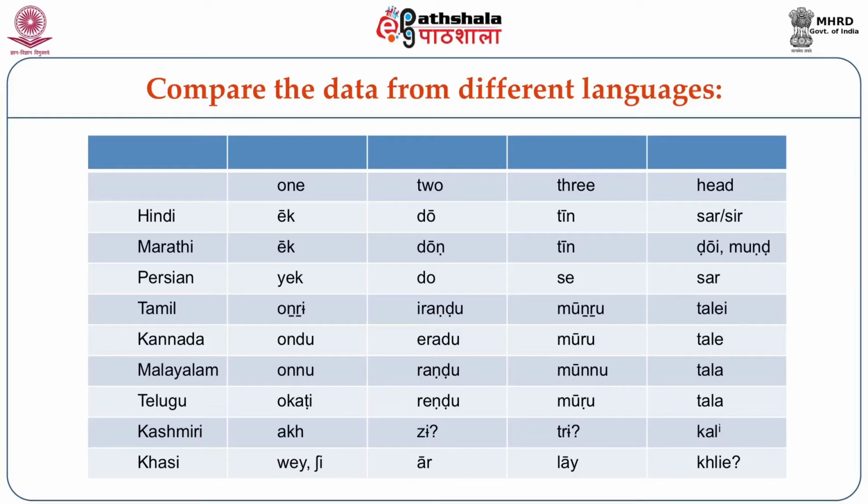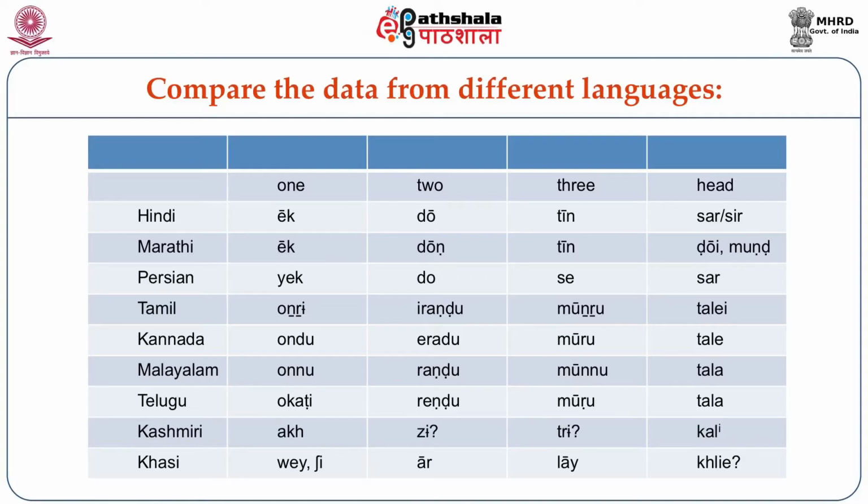As far as Kashmiri is concerned, it has a form called Z. Now the Z is quite different from do or don. So here probably it is not related with the other forms of Marathi, Hindi. And similarly, Khasi again has R for two, which is very different from the rest.